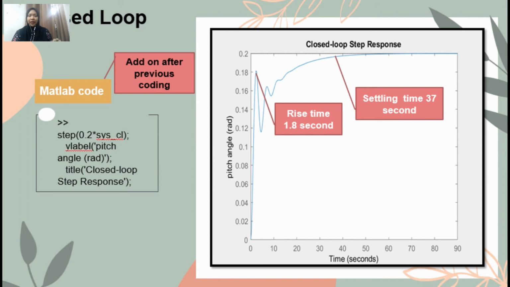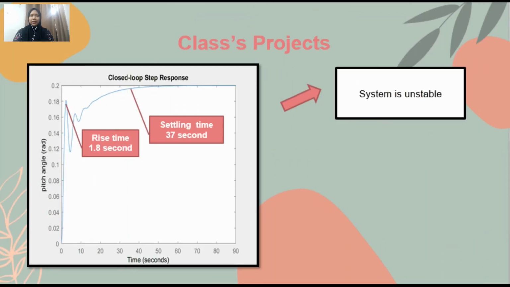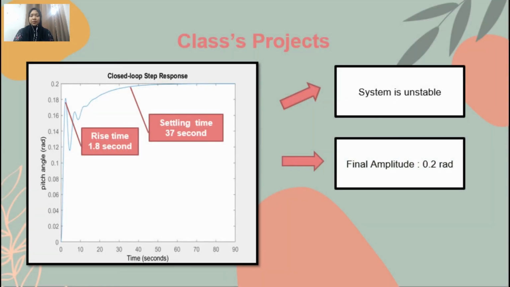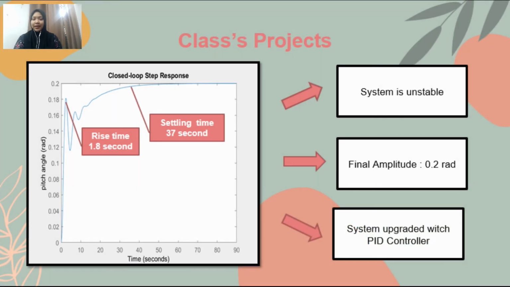On the right, there is a graph with rise time 1.8 seconds and settling time 37 seconds. However, the system is still unstable with final amplitude 0.2 radian. Because of that, this system needs to be upgraded to stabilize it.